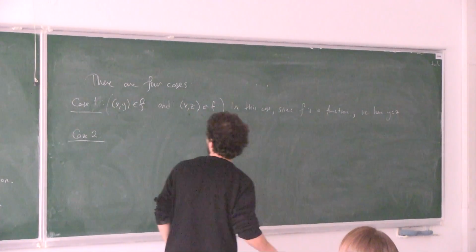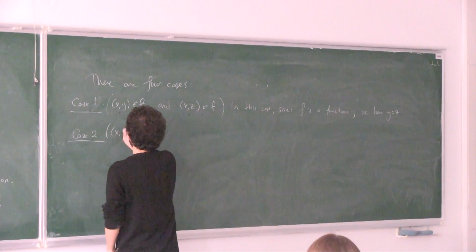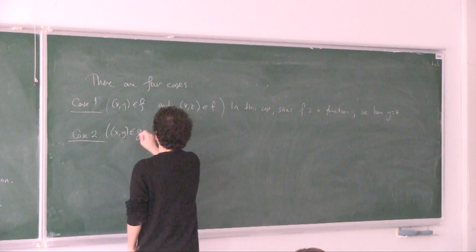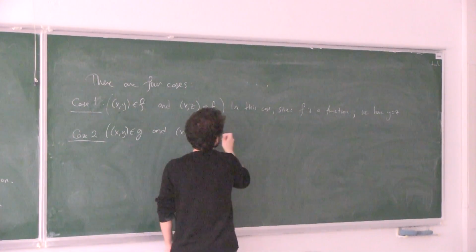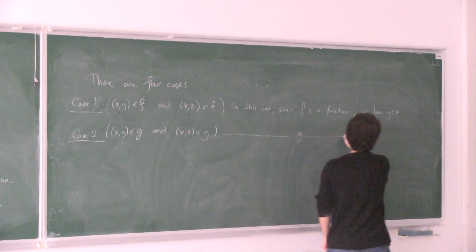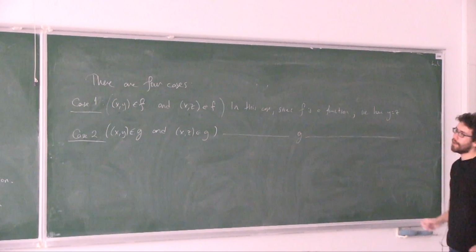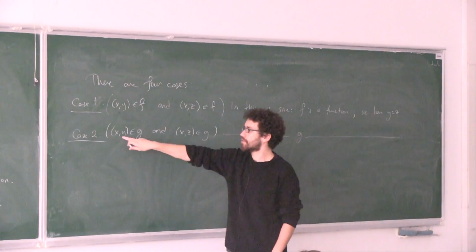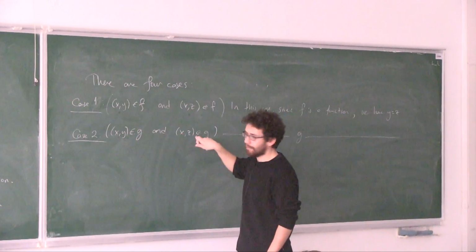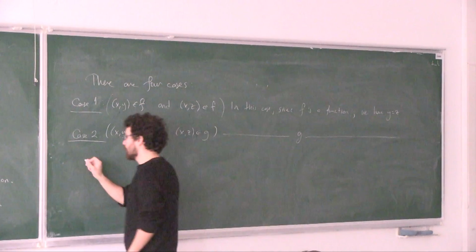No, I don't need that. The second case is both of them could come from G. In this case, the same thing happens. I use the fact that G is well defined. Okay, this is a well defined relation, so x is mapped to y, x is mapped to z, y equals z.